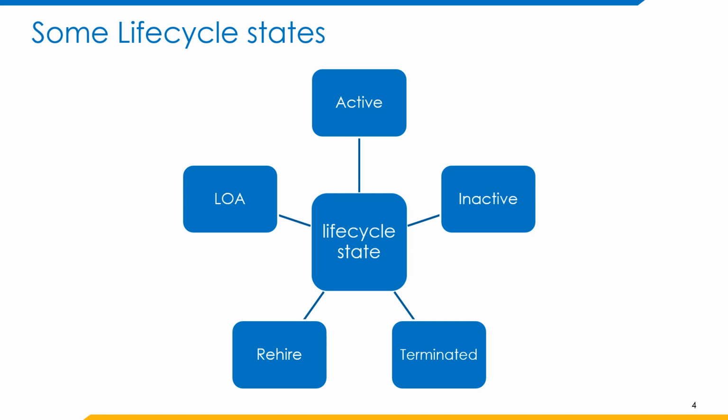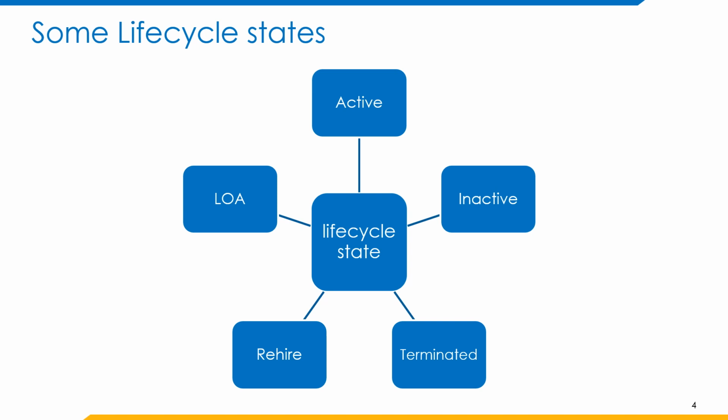When the user has left the organization, the user lifecycle state changes to terminated or 30 days post termination. This will vary based on the client. If the same user is rehired in the organization, then the user lifecycle state must be rehired.